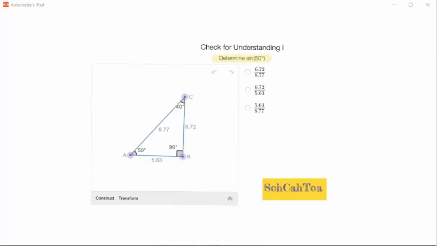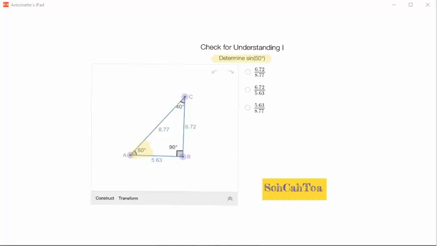So if I look at my picture, we have our 50-degree angle right here. That's angle A. What we want to do from there is just label the sides so that we know what they represent.